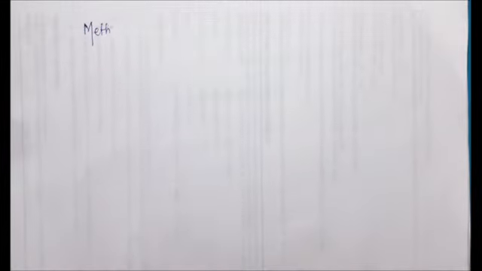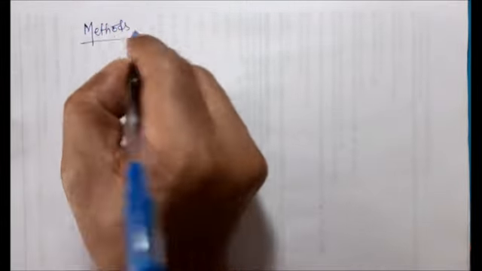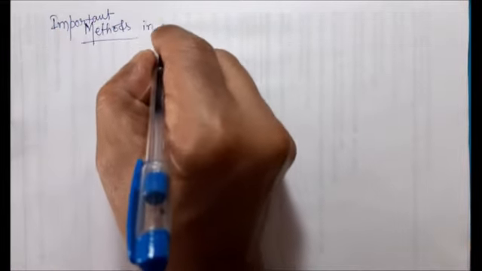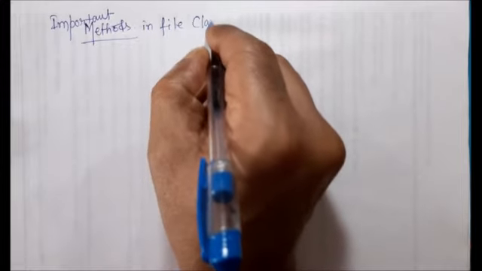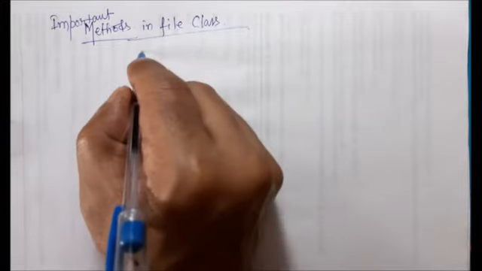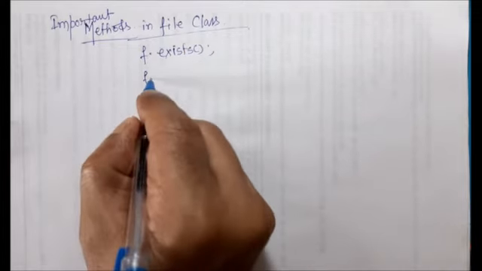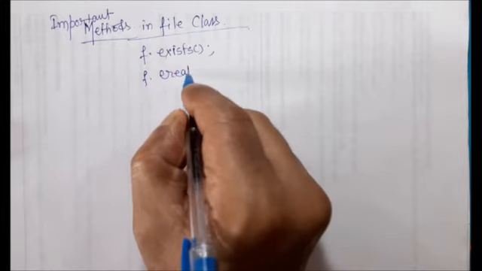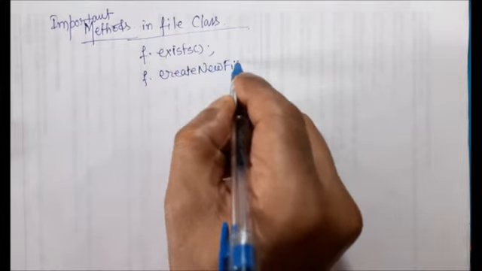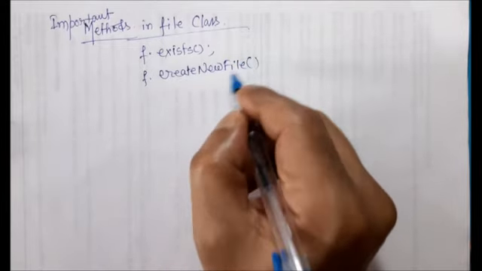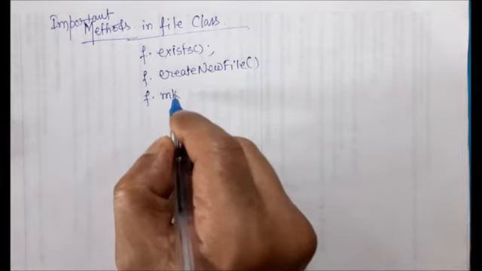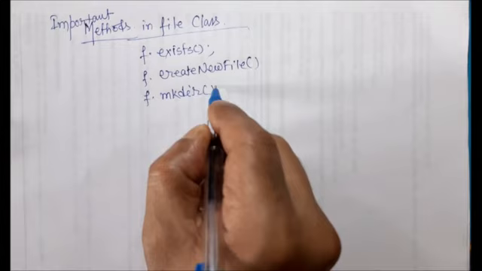First, we have already used some methods: f.exists, right, we already know this one, and we also used f.createNewFile, and we have also used f.mkdir, make directory, right.